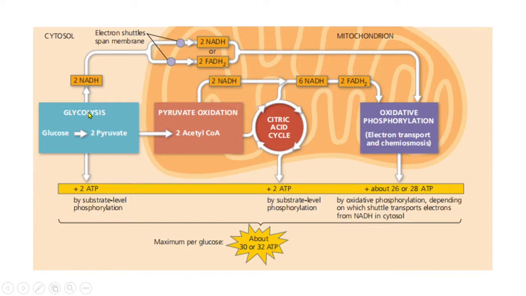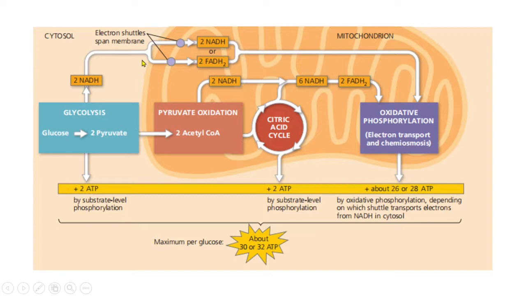So in glycolysis, 2 ATP and 2 NADH are produced. In pyruvate oxidation, 2 NADH will be produced. In the citric acid cycle, 2 ATPs will be produced while producing 6 NADH and 2 FADH2 as well. So those are the high energy products that will be produced by each of the processes.